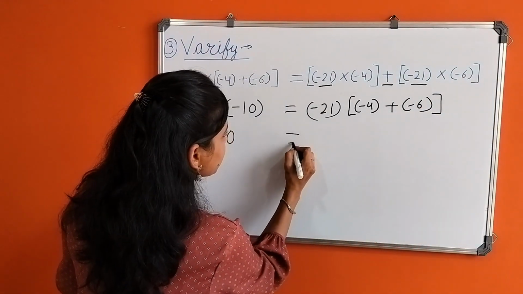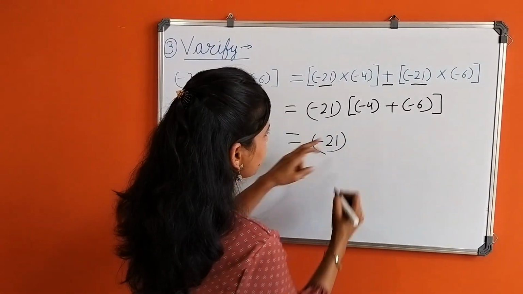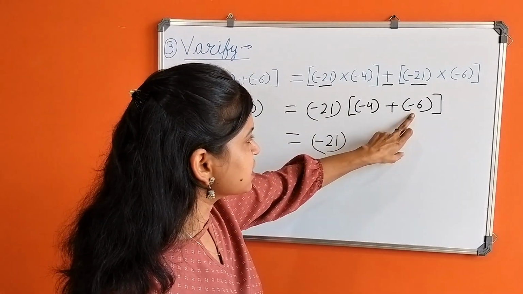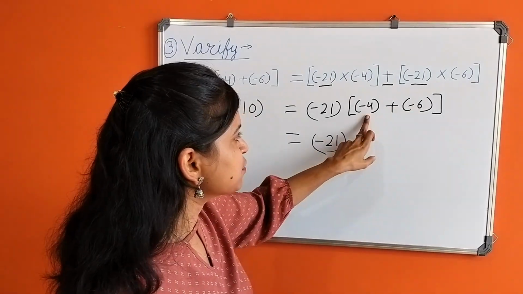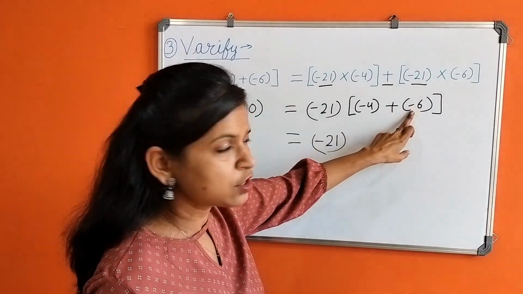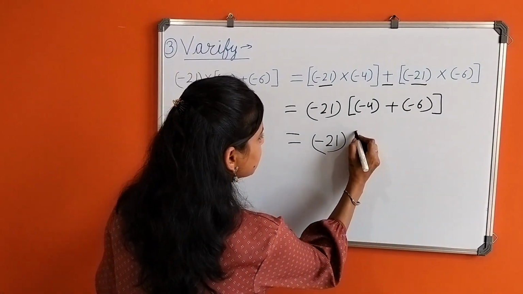Okay. Now minus 21 is as it is. Solve this bracket. Minus 4 plus minus 6. So both have same sign. We will add 6 plus 4, 10. And 6 is bigger. 6 is negative. So 10, our answer 10 will be also negative.